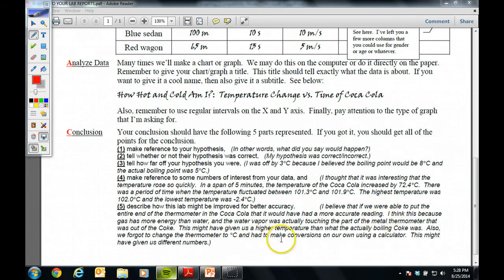We didn't do something right. We let the thermometer hit the bottom of the beaker, and that gave us bad numbers. What could you have done to do the lab better? And there is always an answer.